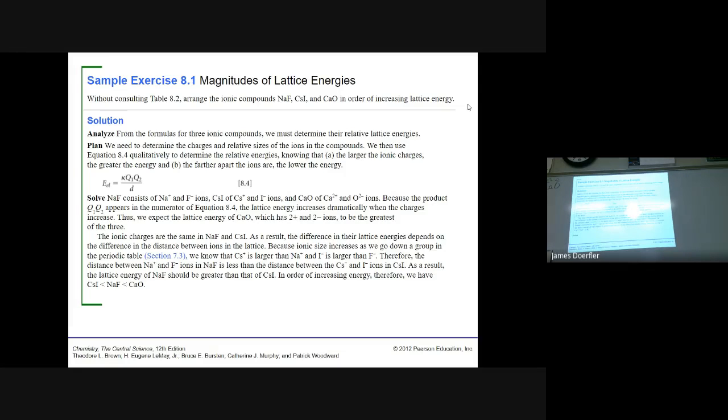So what do we have to look at next in order to help us determine this answer? What should we look at next? The size, the distance between the 2 nuclei. So the bonding atomic radius.